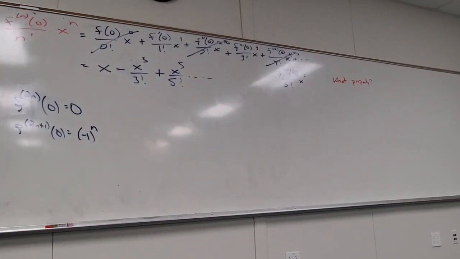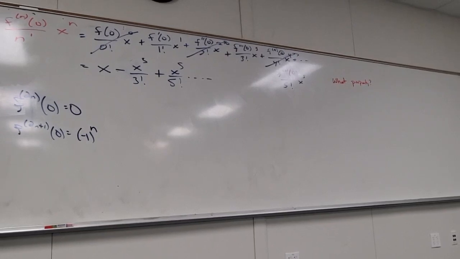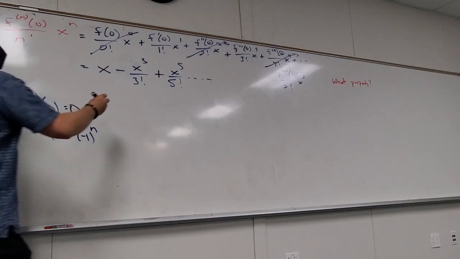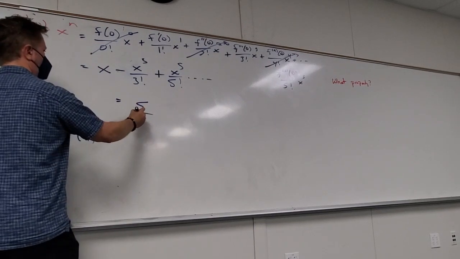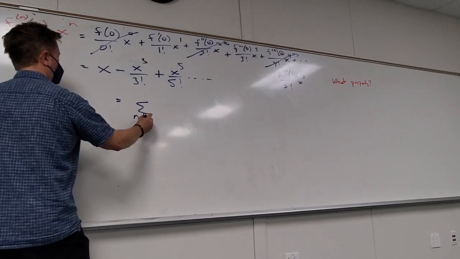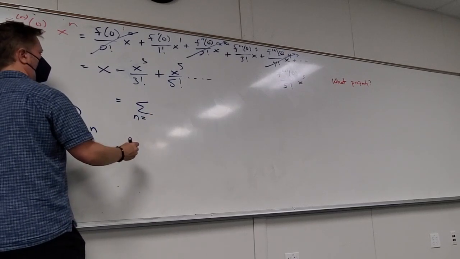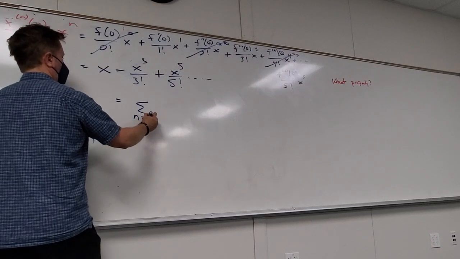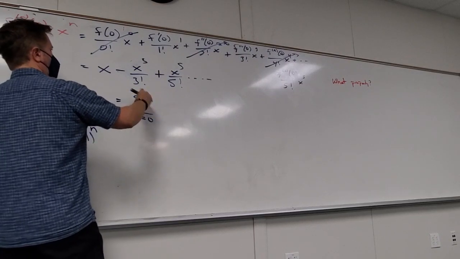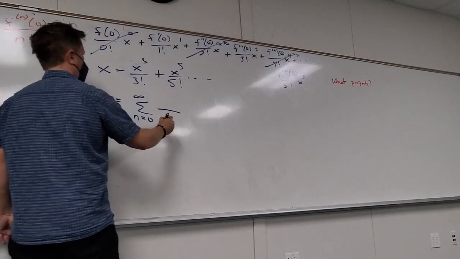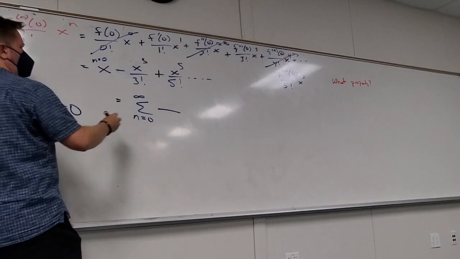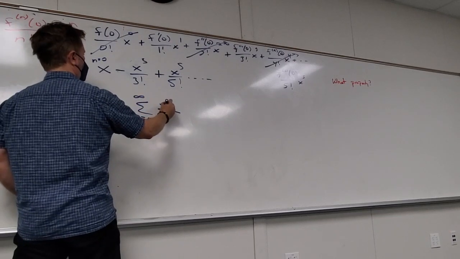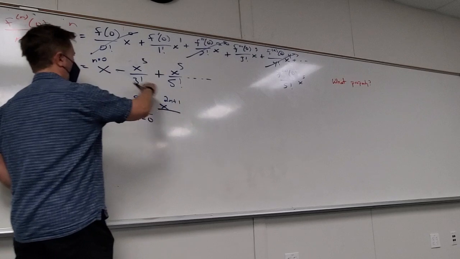Let me stop for a minute. Can you guys see the pattern for this series? What's it going to be? You can start at whatever n you want to. If you want to start at 0, you can. Let's see what happens. So it's x to the 2n plus 1 over n factorial, when n equals 0. Good, because that'll give me 1x, yes?